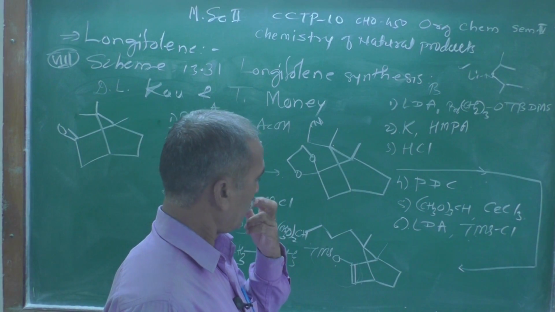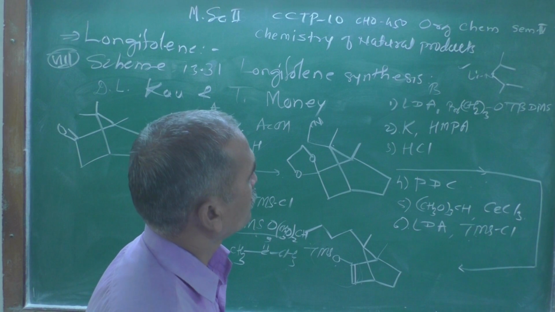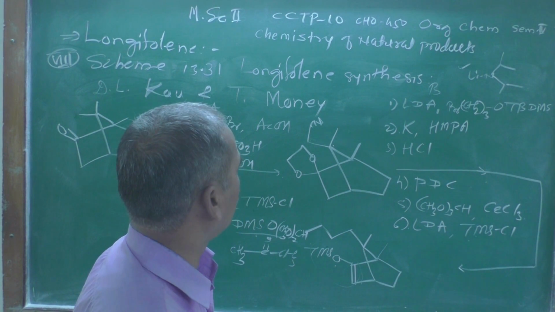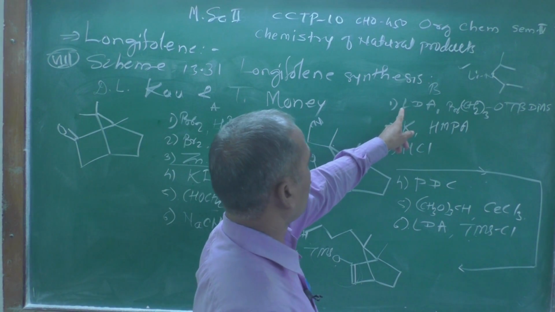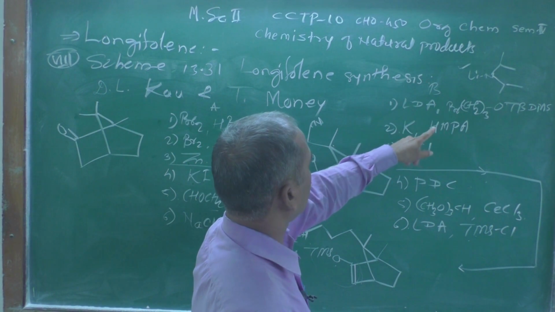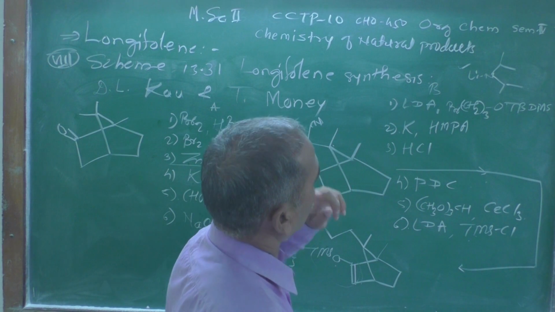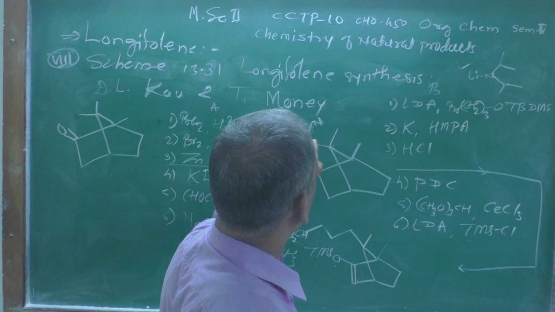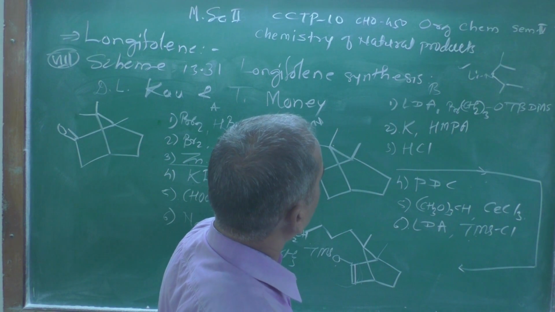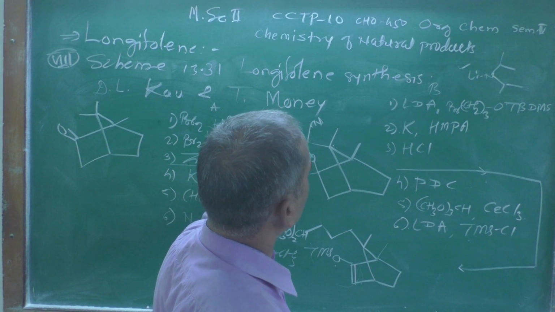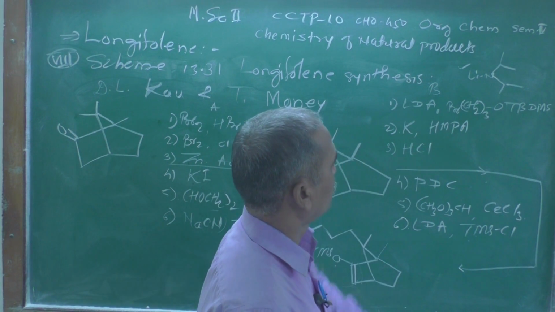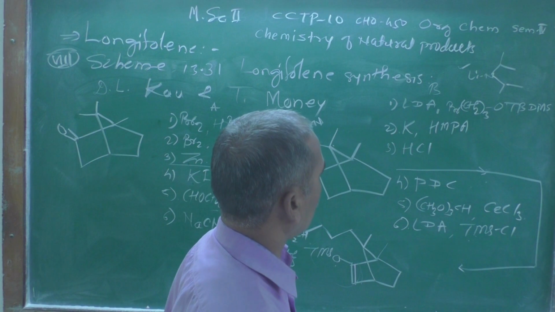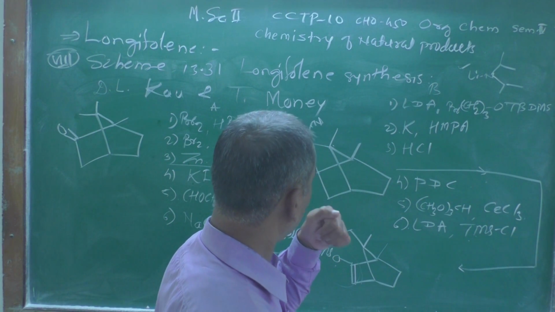So what is the role played by each reagent? In this case LDA, Br2, CH2 three times OTBS: LDA will pick up the proton from here, and this is going to attack that CH2, then potassium, hexamethylphosphoramide and the HCl.